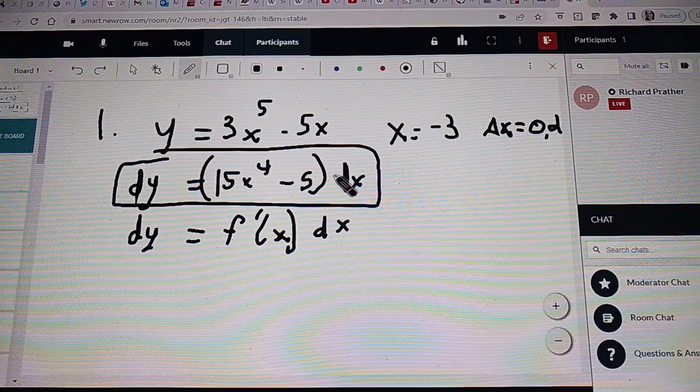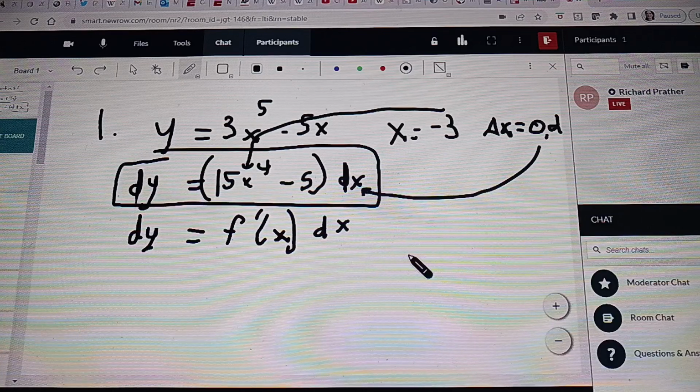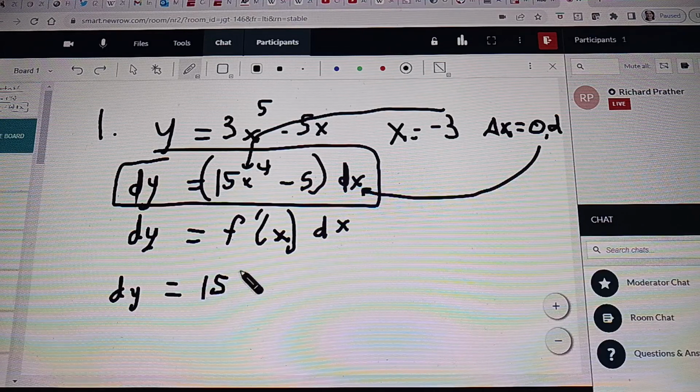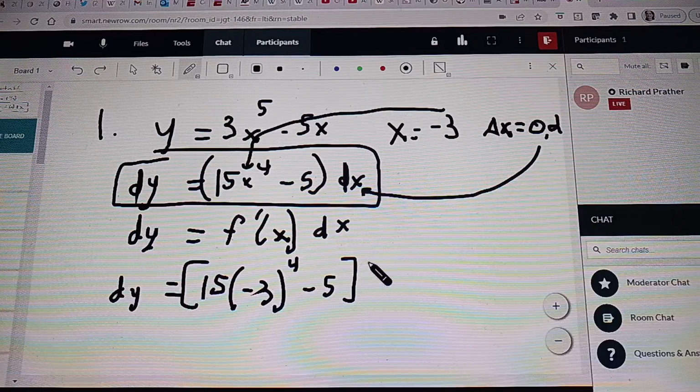For any given difference in x, any little small change in x at whatever given x value, I can figure out how much y is changing by. So at this point, you just plug -3 in for x, and you plug in 0.2 for dx. That's the small change in x. So dy at this exact x spot would be 15 times -3 to the fourth power minus 5, and then times 0.2.